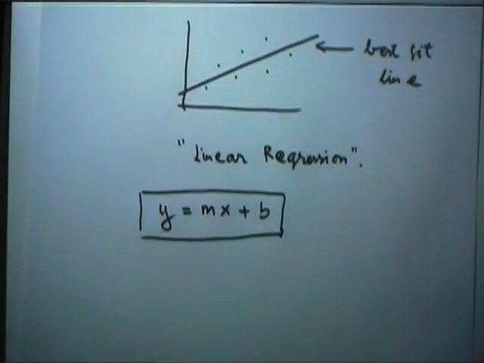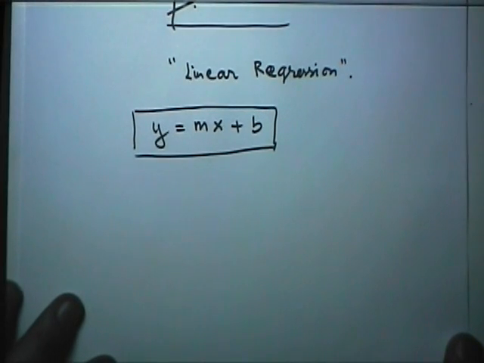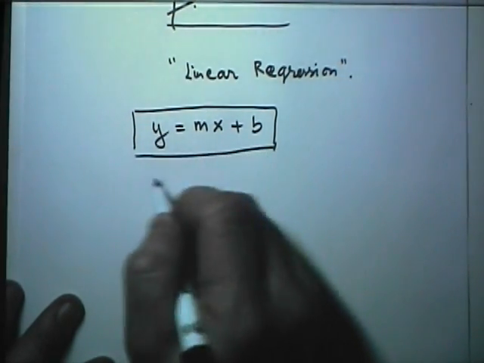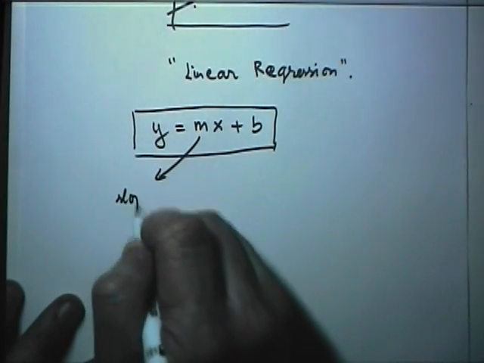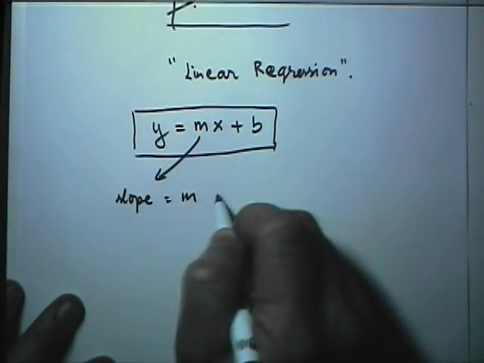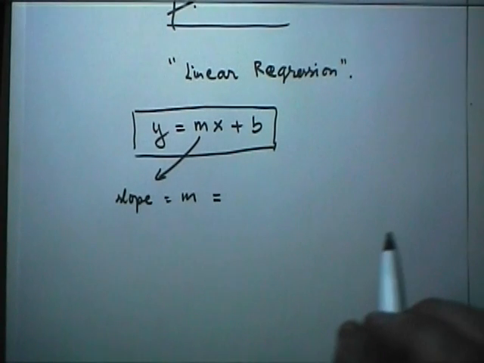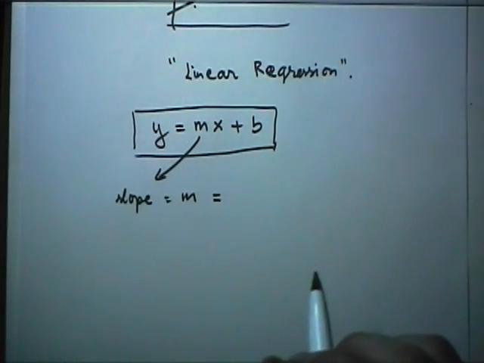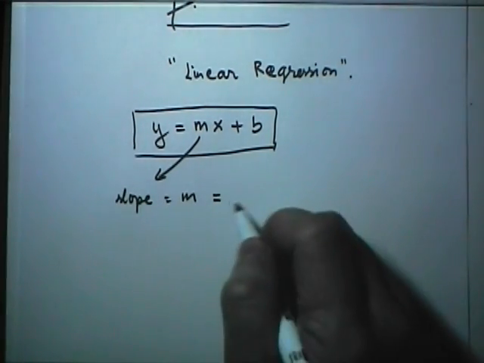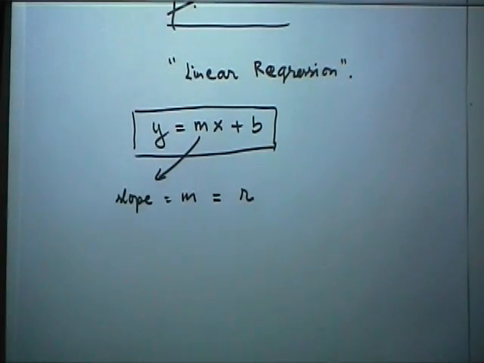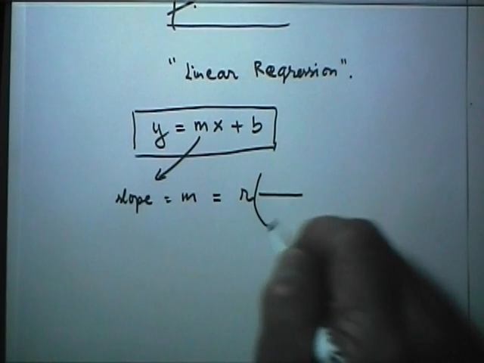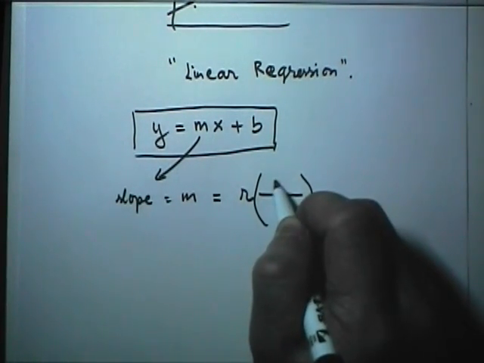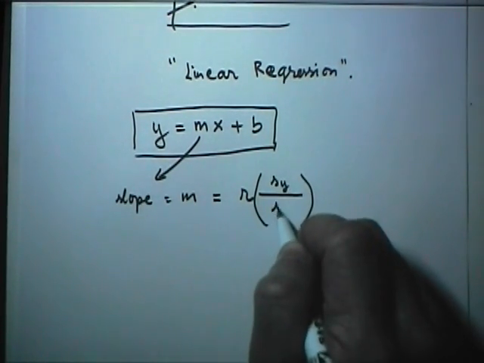All right, so the equation of the line: the m here, which is the slope of the line, is determined by the formula m equals your correlation coefficient r times the fraction s sub y over s sub x.